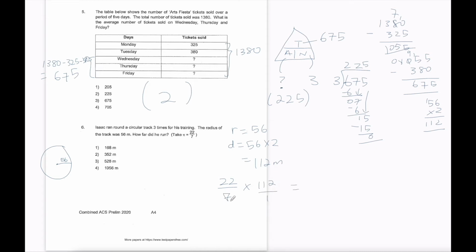So to find out the circumference, I need to take pi times diameter. Okay, so let's cancel this out first before our number gets too big. Okay, I'm going to get 16. So this is 16. So now we just need to take 16 times 22.